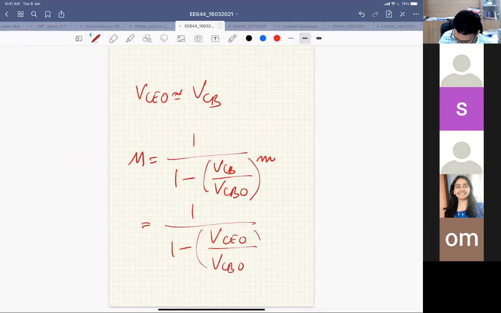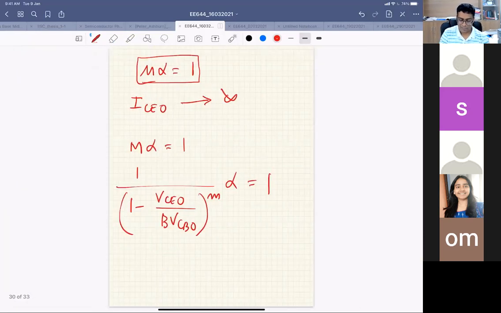If I do that, then my M into alpha becomes 1 for VCEO. So this becomes 1, and here you could write 1 minus VCEO by BVCBO.